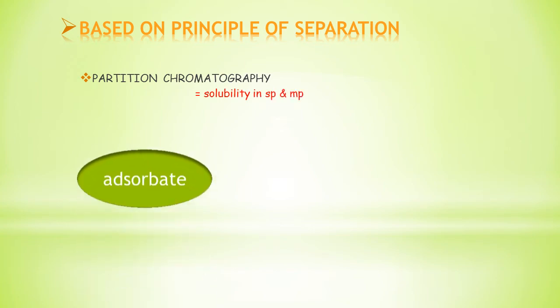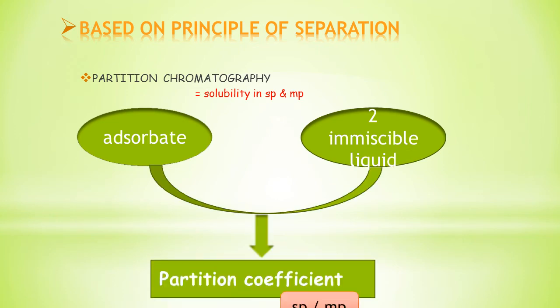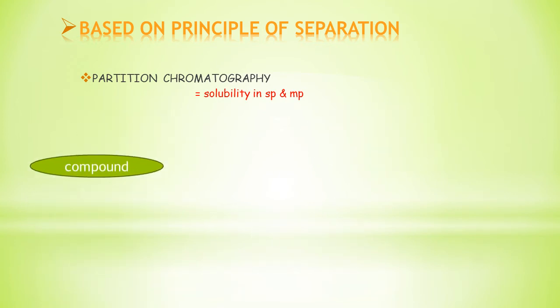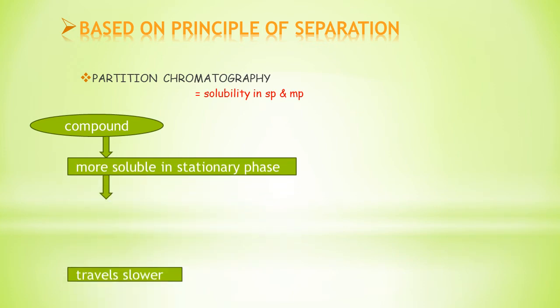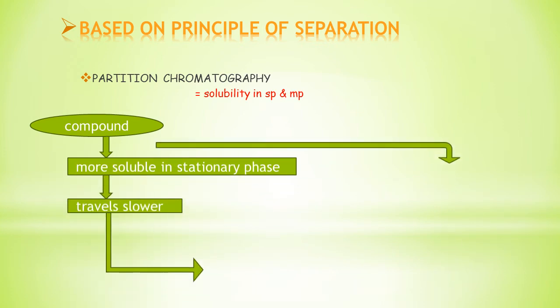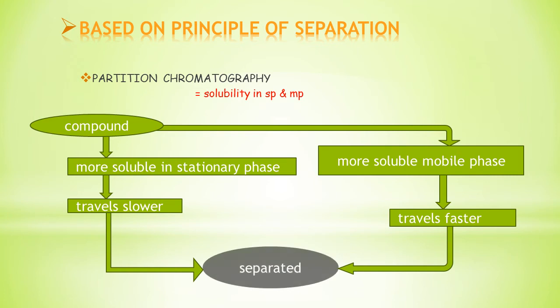That is, when two immiscible liquids are present, a mixture of solutes will be distributed according to their partition coefficients. That is, the compound which is having more solubility in stationary phase travels slower and the compound which is having more solubility in mobile phase travels faster, and finally the compounds are separated.